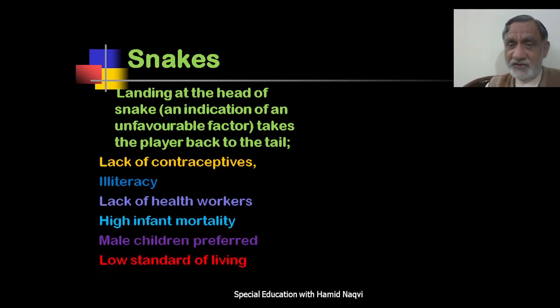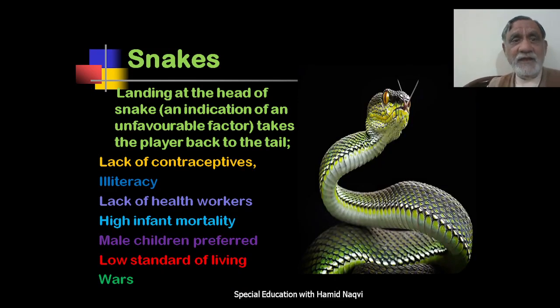Then there are snakes also, and landing at the head of a snake is an indication of an unfavorable factor, which takes the player back down to the tail. Those factors which are unfavorable are lack of contraceptives, where their availability is not in plenty, or they are not available in cheap form.